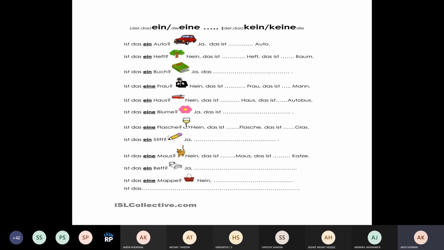Okay. Let's move to the next one. Ist das eine Maus? Do you see a mouse here? Nein, das ist keine Maus. Das ist eine Katze. If you remember, Katze is also with E, so it will be feminine, die Katze, and plural will be die Katzen. And mouse, die Maus. Plural we need to check. Can somebody check the plural of mouse? I have little bit doubt.